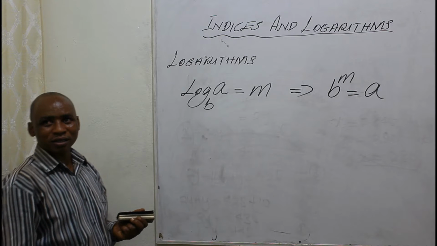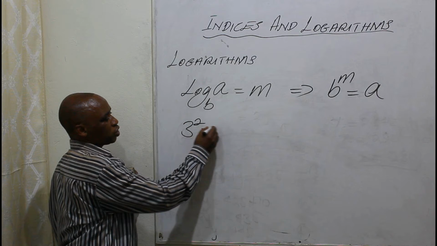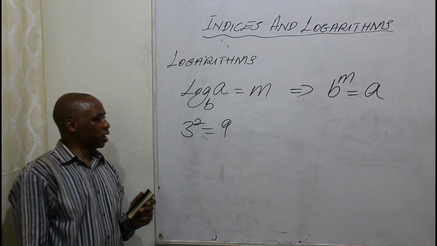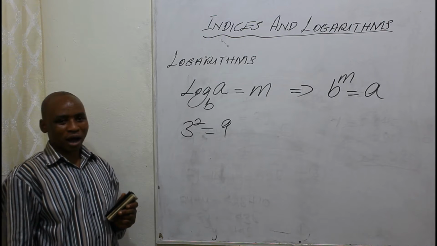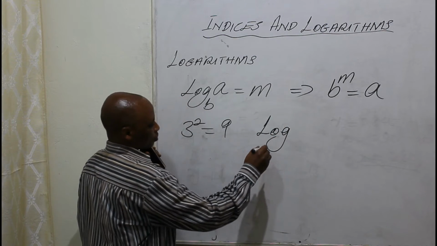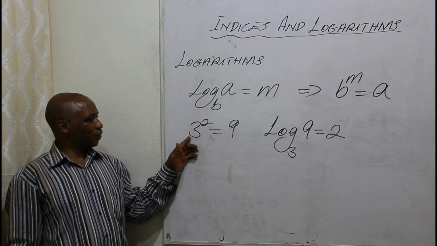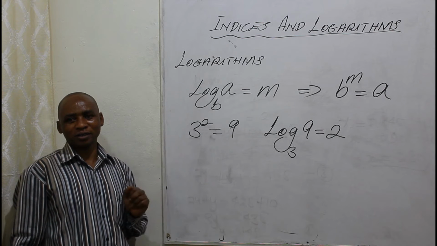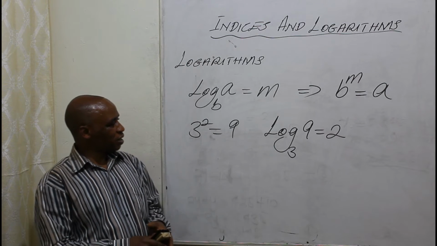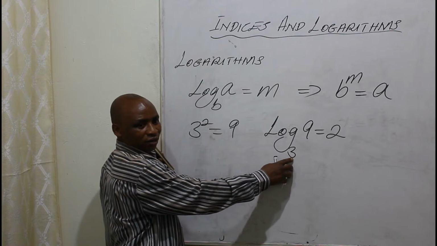What it means is that when you are given 3 raised to the power 2 equal to 9, in logarithms, it means the log of 9 to base 3 equal to 2.